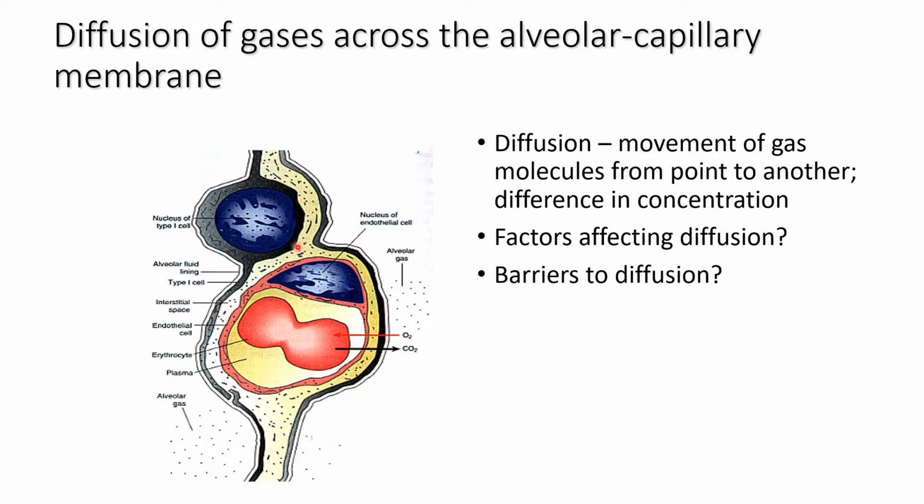You've got wet surfaces, interstitial fluid. So you've got an arrangement of alveolus and gas within the alveoli, the alveolar wall, interstitial space, capillary wall, plasma, hemoglobin.